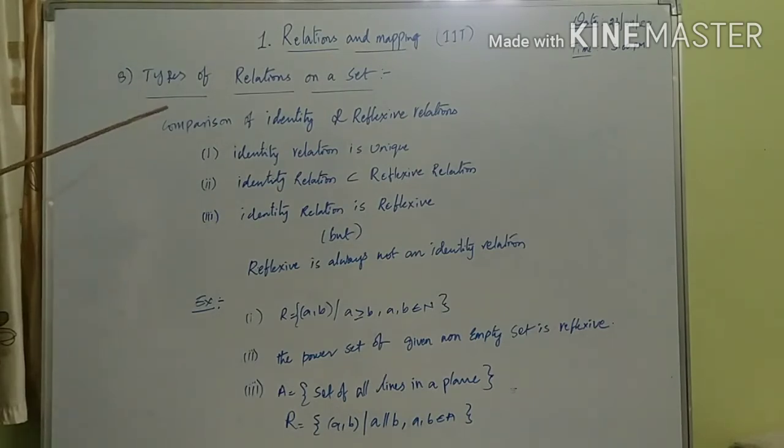Next, comparison of identity and reflexive relation. What are the qualities that differentiate the identity relation from the reflexive relation? First, the identity relation is unique. Next, the identity relation is a subset of the reflexive relation. It is not just a subset, it is a proper subset.